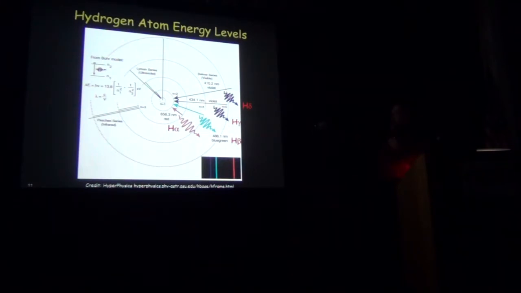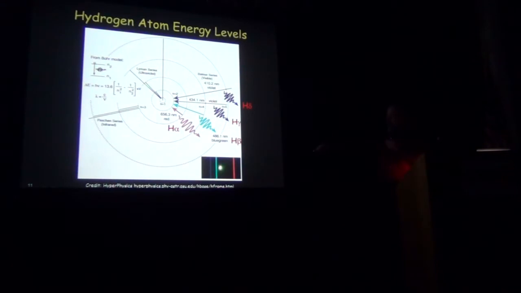If the electron was already at energy level 4, it jumps down to 2. That's what we call H beta, which is 486.1 nanometers, and that's this green-blue, or cyan, and that's an emission line there.